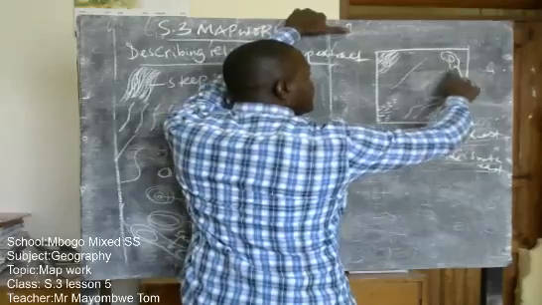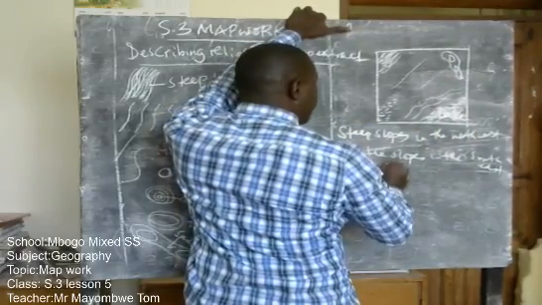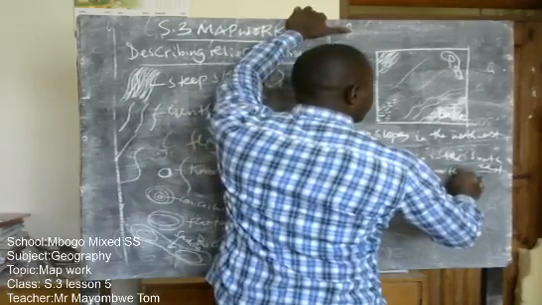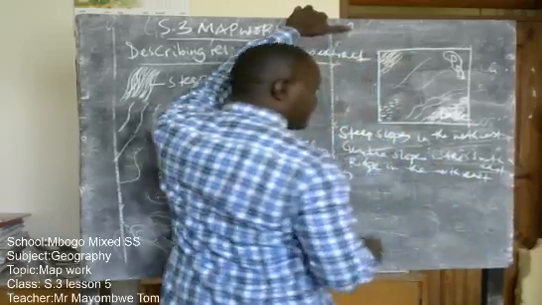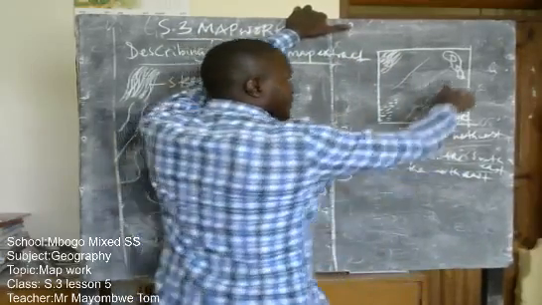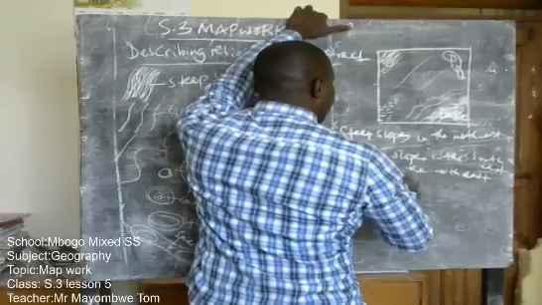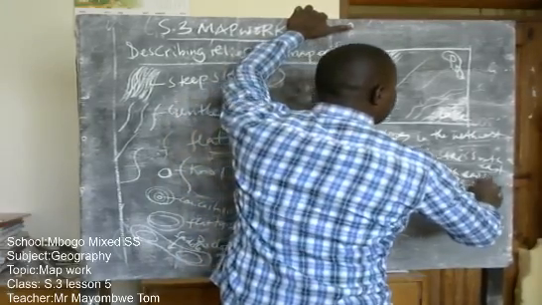What is this? Ridge. Where is it? In the northeast. What is this? Saddle. Where? In the northeast.